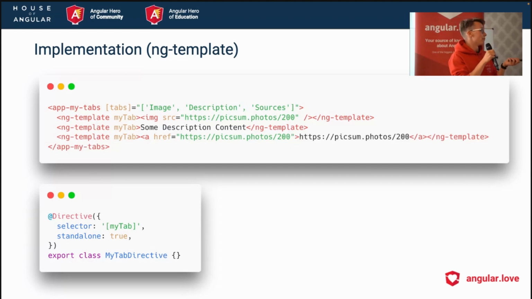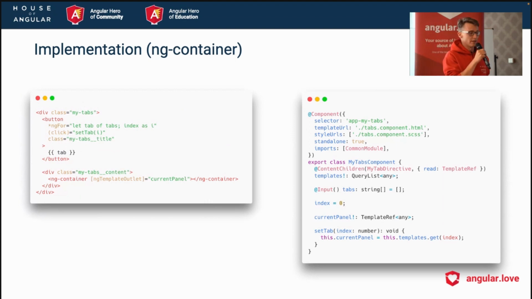And also we have the input that allows us to pass the array with the tab names, so image, description, and sources. And also we have something new, the directive myTab, that allows us to get access to each of these templates. Okay, so how does it look on our component side? As I said before, we have a new component, my-tabs component, and it's pretty simple.